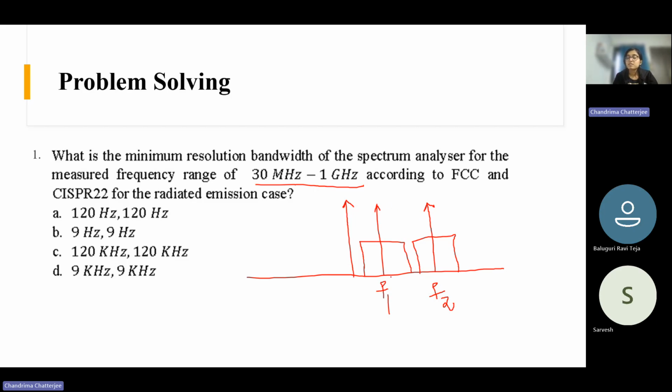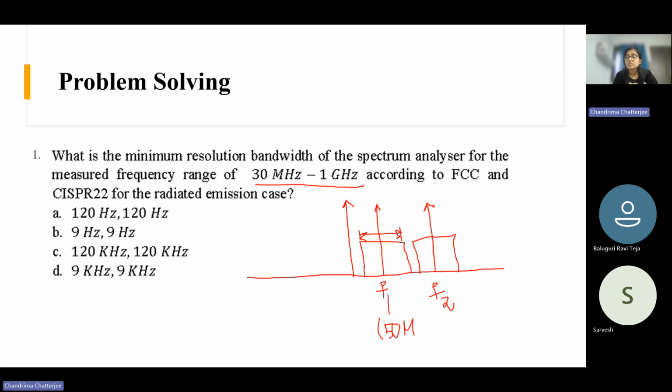Okay, but suppose this window is 1 kilohertz. This is at, let's say, maybe 50 megahertz.